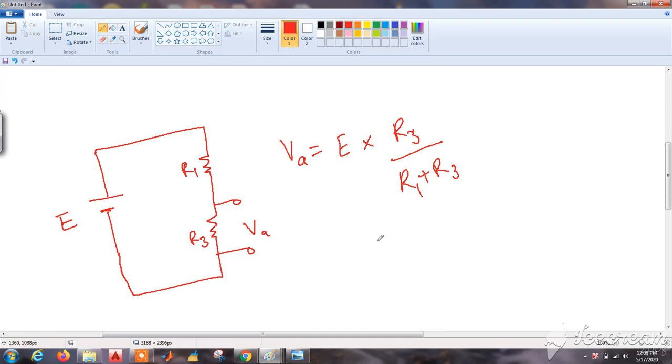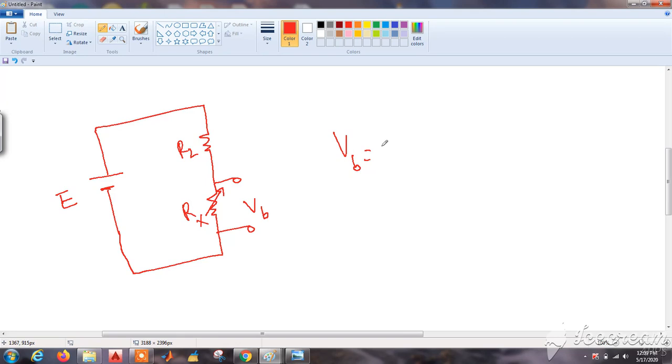Now let's apply the same thing to find VB. VB is equal to the total voltage across that branch, E, times Rx, divided by the total resistance in the branch. R2 and Rx are connected in series, therefore R2 plus Rx.